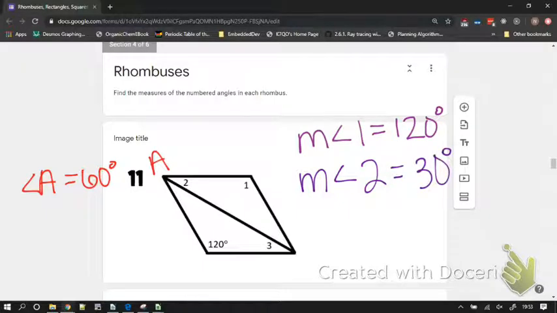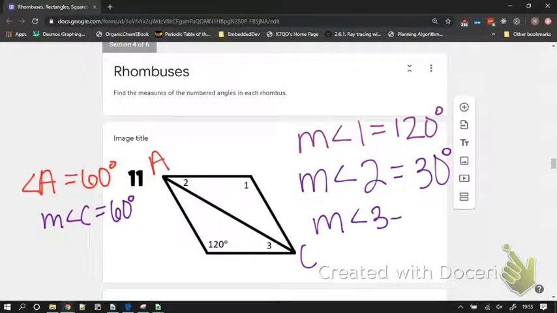And hopefully you can see that we would end up with the same situation down here. We'll call this angle C. Angle A and C are opposite angles, so the measure of angle C is also 60 degrees. And again, we have a diagonal that bisects that angle, so the measure of angle 3 is also 30 degrees.